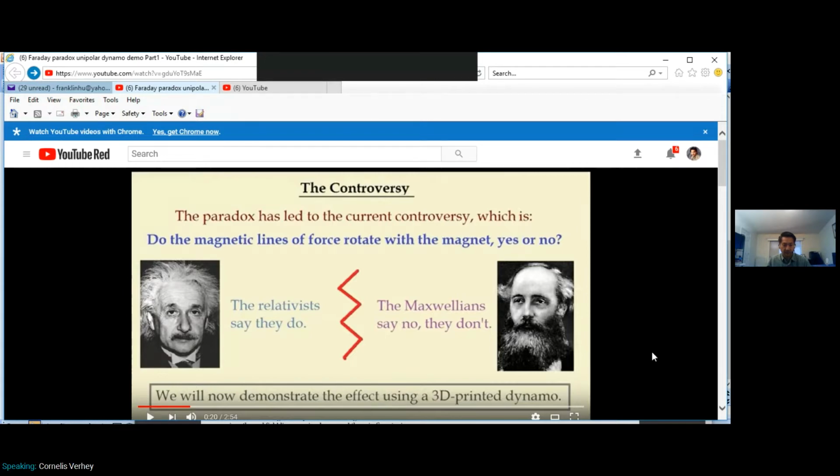And it's hard to tell from that whether the field is rotating with the magnet or not. Now, in my view, all fields rotate with the particles that they're associated with, because all particles and fields are the same. But that's my specific view. But that establishes that the field does rotate with the magnet. Because of the speed, you can't tell that it is.